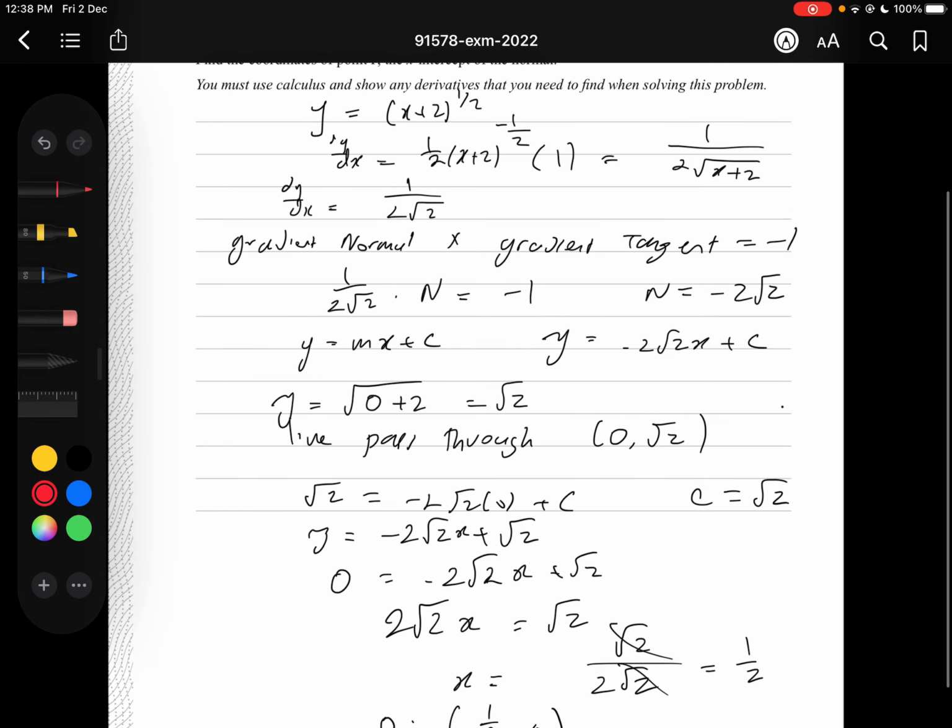In terms of getting an achieved level grade, probably if you can get up to finding the c value here, that might be able to get you an achieved. Or maybe if you just differentiate correctly, that could be an achieved, but I'm not too sure in terms of this question. There's quite a lot of steps in this question, so it's not really clear where they're going to be setting the achieved requirement here.